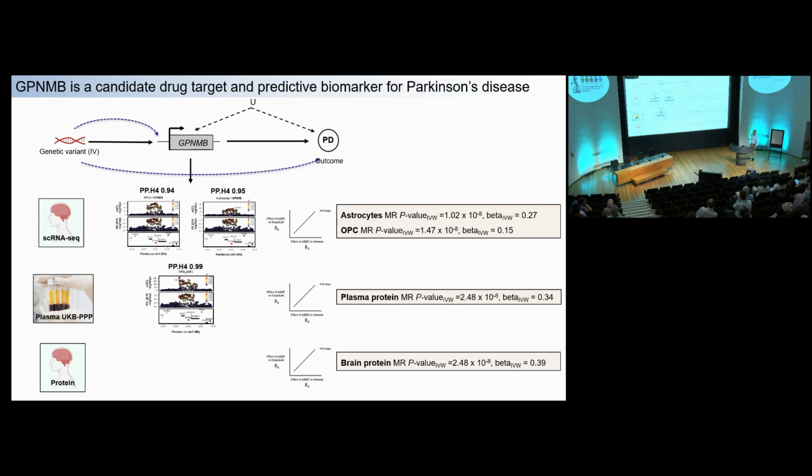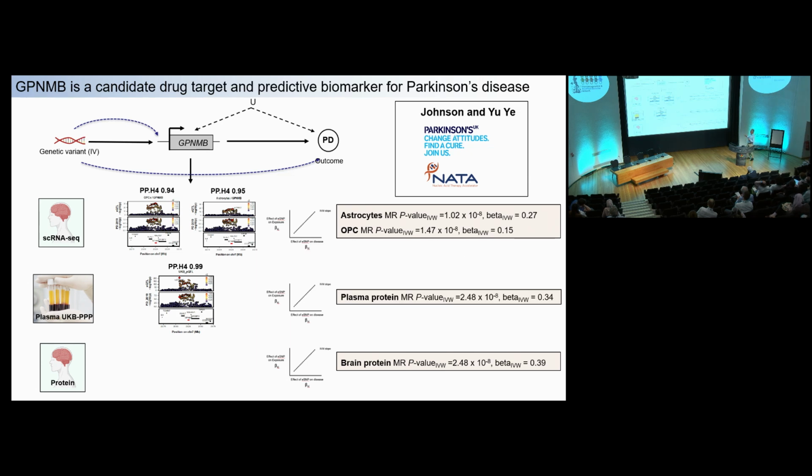And then this was replicated using UK Biobank data and also using the Wingo brain proteomic data. We couldn't repeat the co-localization with that data set because of missing data. And subsequently, it turns out functionally that GPNMB acts to regulate the uptake of fibrillar alpha-synuclein across the cell membrane, and that's thought to be an initiating step in the development of Parkinson's neuropathology.